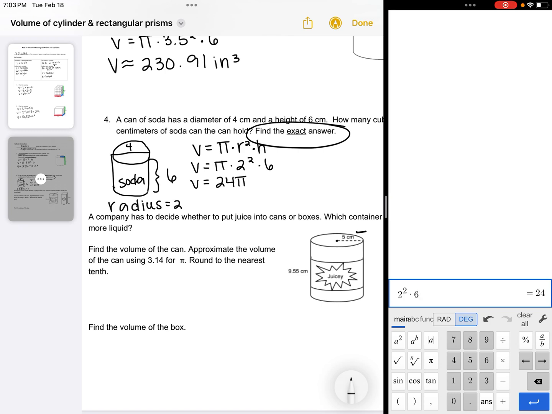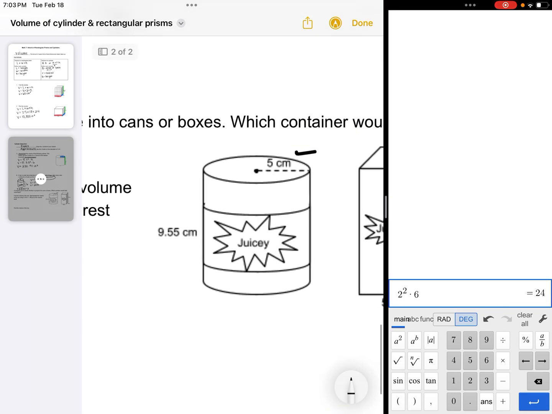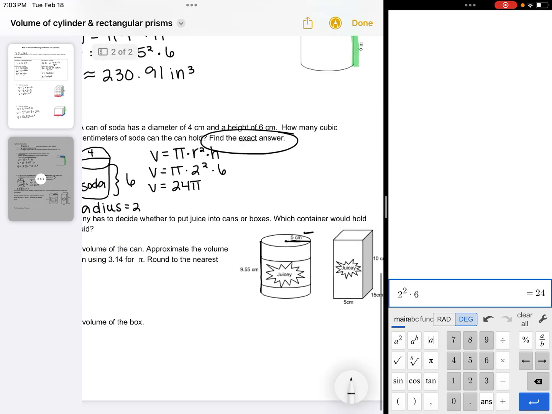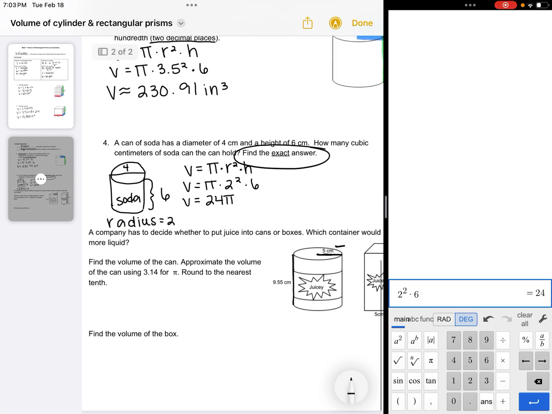Okay? So first let's see what we have. If I scroll into the can, I see that I have the radius of 5 centimeters, and then I have a height of 9.55. So for the can, I'm going to write volume equals pi times radius squared times height.